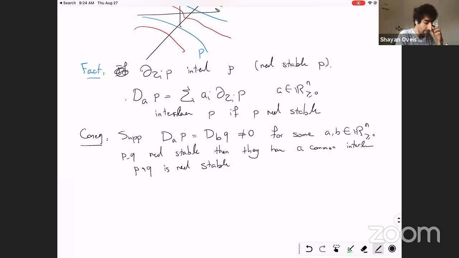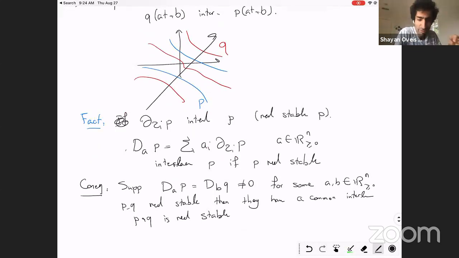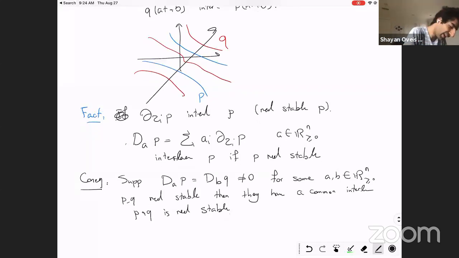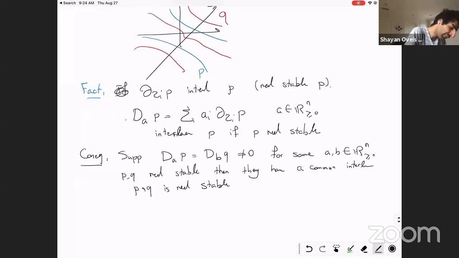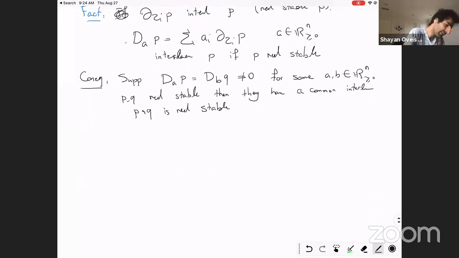I should say this is a little bit informal. You also need one other condition for these statements: you need the polynomials to be monic. I'm hiding that under the log, but essentially this is the gist of the argument. If you have two real stable polynomials which have a common interlacer like that, then the sum is real stable, or any convex combination is real stable.